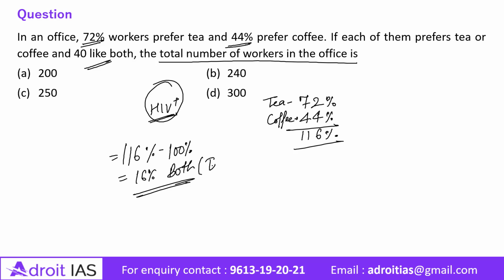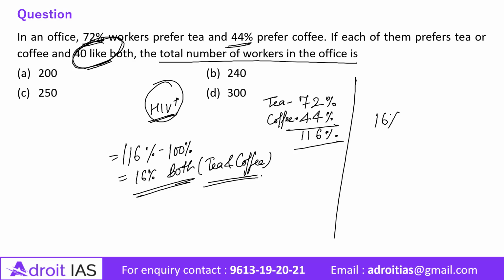Now the question is saying 40 like both, so 16% of the total is equal to 40. Then we need to find 100%. So 40 by 16 into 100. 8 2s are 16 and 8 5s are 40, so this is 250.